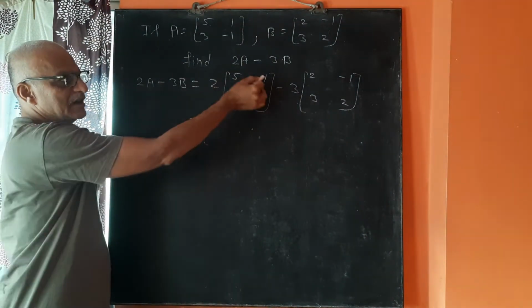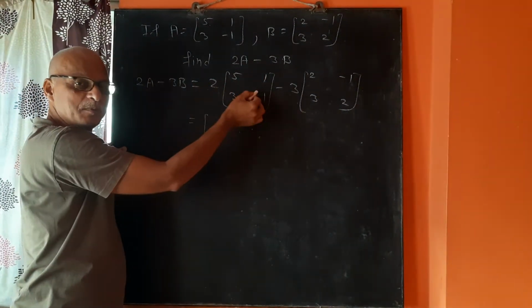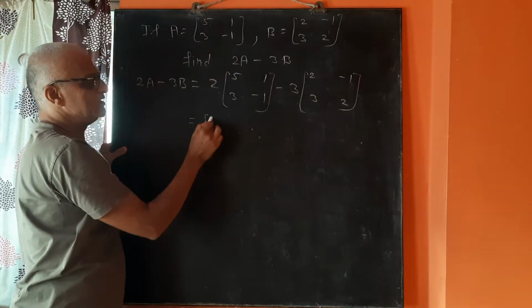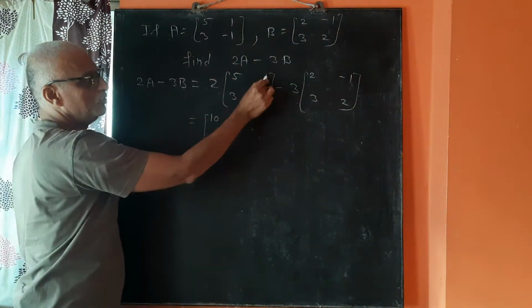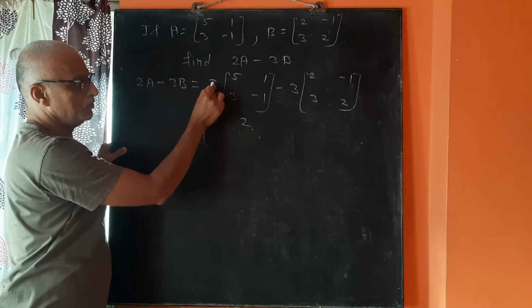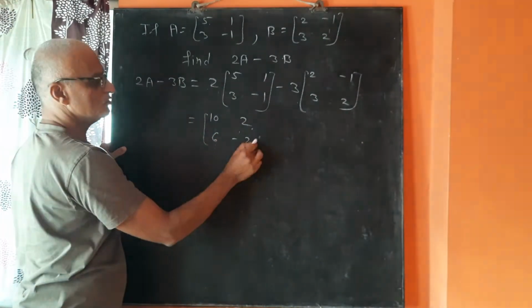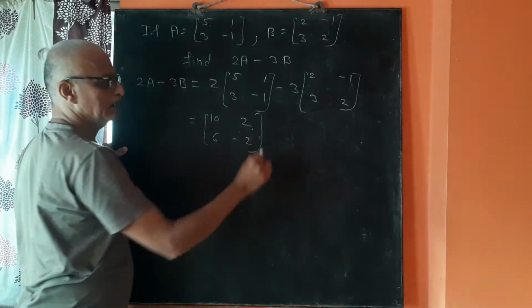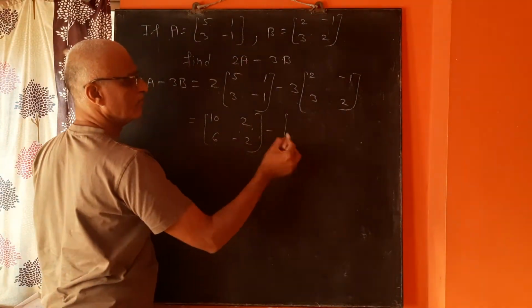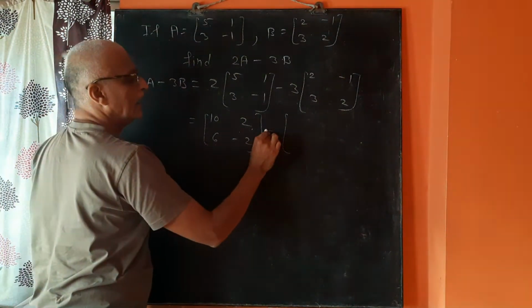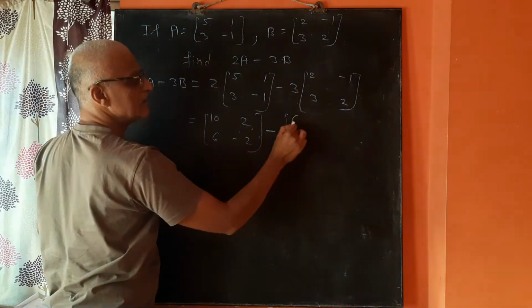Multiplying inside by using the scalar multiplication property: 2 into 5, that is 10. 2 into 1, that is 2. 2 into 3, 6. 2 into minus 1, that is minus 2. Minus, 3 into 2, that is 6.